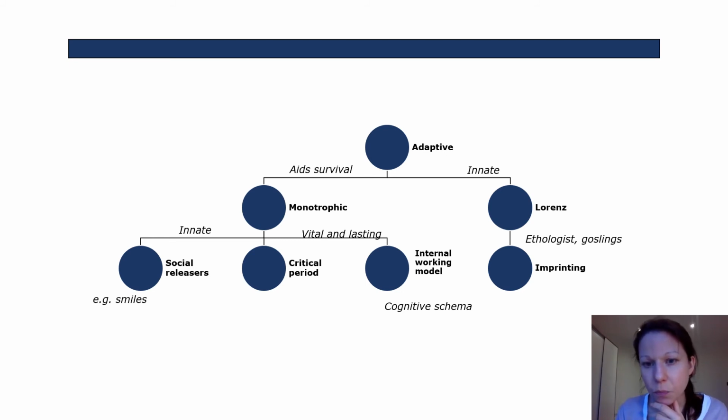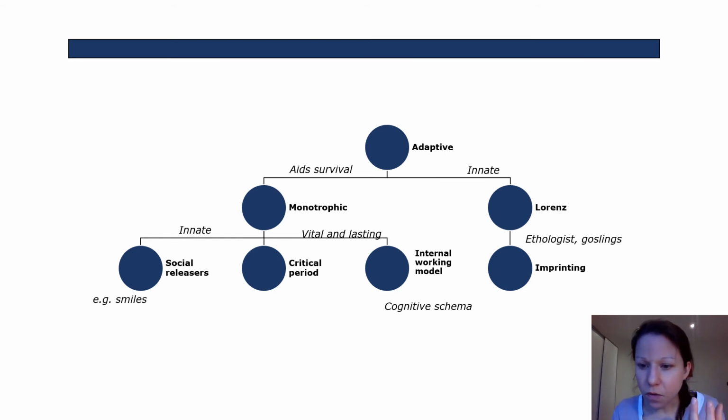So it's appropriate to use that language of our social releasers being innate, we're born with them. For Lorenz, that ability to attach to the first moving object that the goslings saw was innate, and it aided their survival. So evolutionary theory, we know, is all about survival.